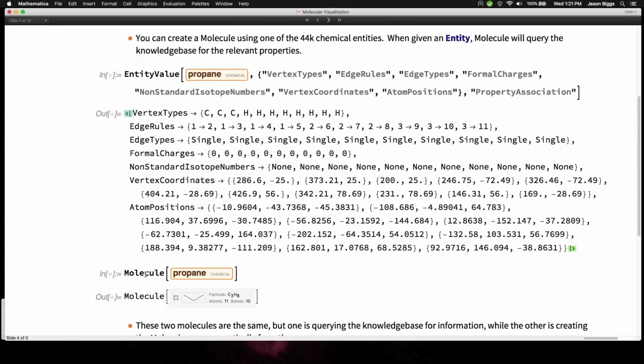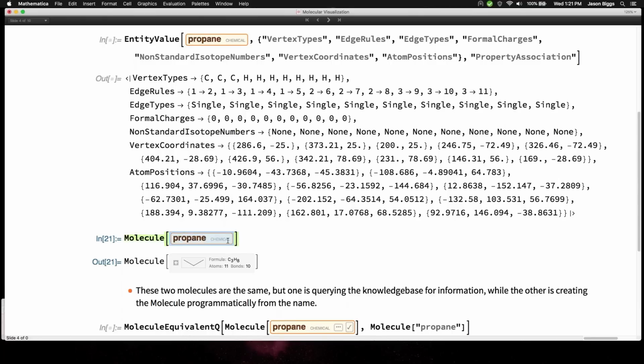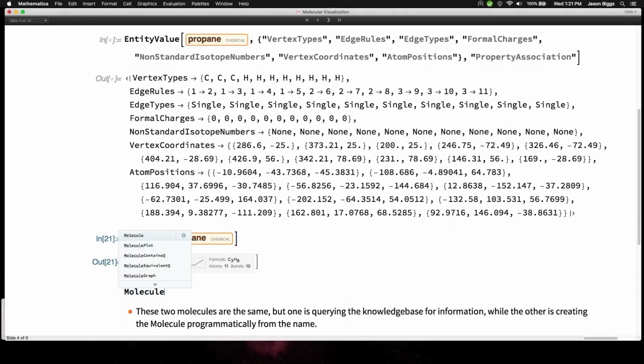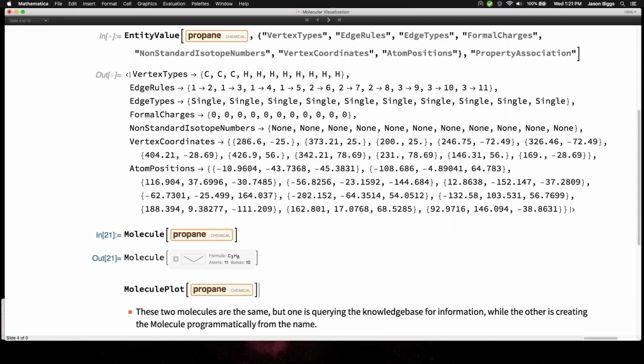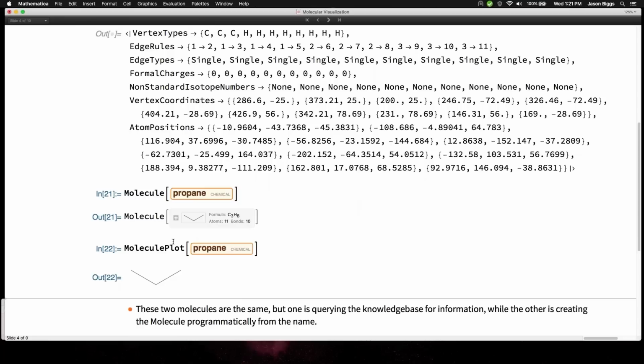That's precisely what Molecule does when you give it this propane entity: it converts it into a molecule. I should take a moment to point out that MoleculePlot can work with entities just fine. Under the hood, it will convert it to a molecule, make the plot, and then return it. If I evaluate this, we get this stick figure for propane.